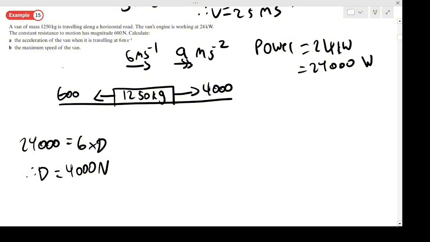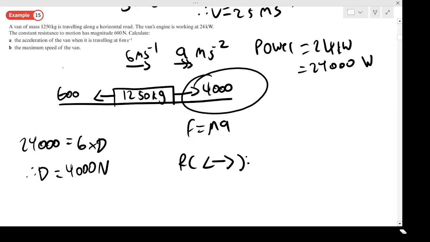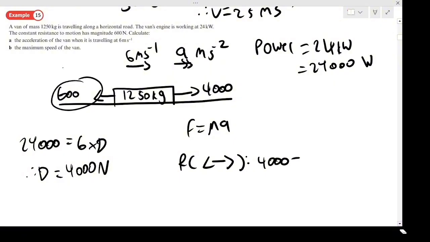They want me to find the acceleration, so I'm going to have to resolve. I'm going to need to use F equals ma. If I resolve forwards and backwards, right and left, my right force is my driving force, 4,000, take away my backwards force of 600, my left force. That will equal mass times acceleration.